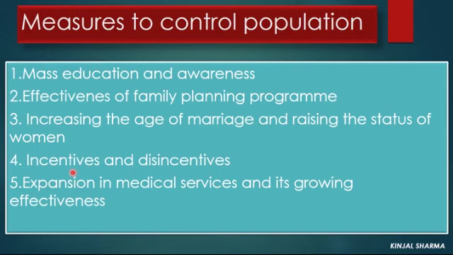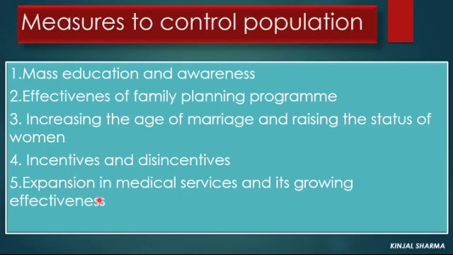China has adopted a policy of incentives and discouragement to control rising population, in which a number of facilities are withdrawn from couples who have two or more children. But recently some relaxations have been given. And in India, in the elections of local self government, couples who have two or more children cannot contest.